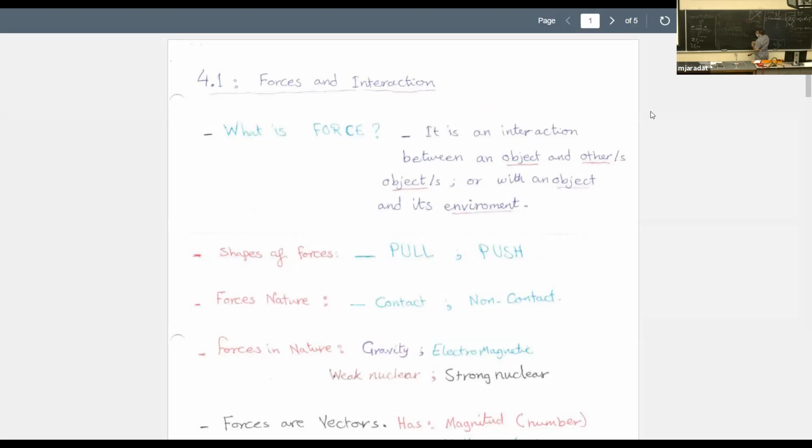Fr, for example. Using the Pythagorean theorem, we can find that F resultant is equal to the square root of Fx squared plus Fy squared. Is that easy?